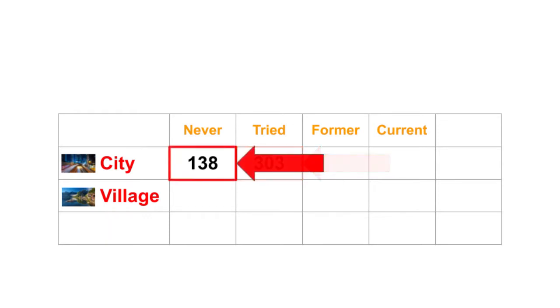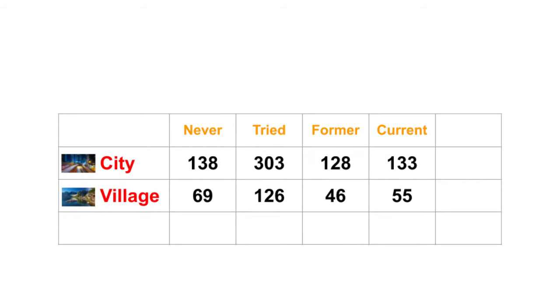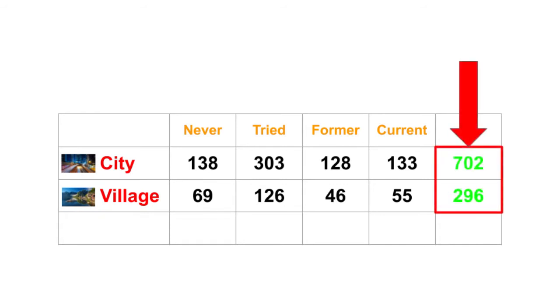For the second column of the first row, we simply count the number of people who tried smoking and are from a big city. These criteria are matched by 303 of our respondents. And we can simply continue like this until the whole table is filled. The next step is to calculate the sum of each row. This gives us the total number of people from a city and the total number of people from a village.